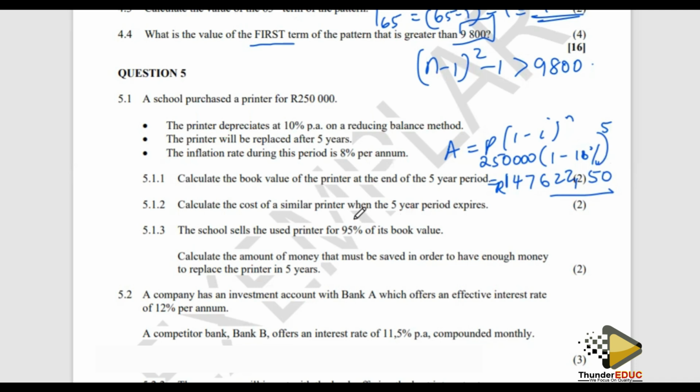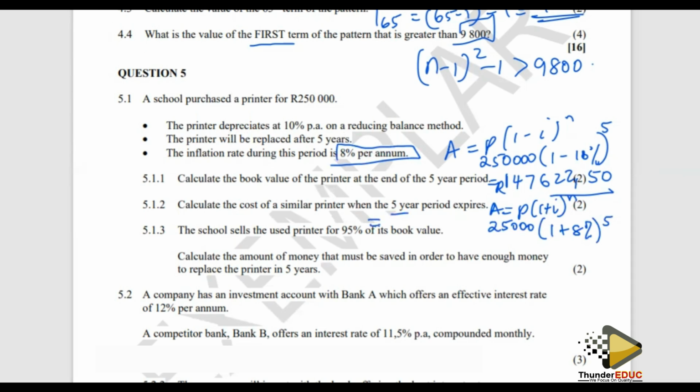Then calculate the cost of a similar printer when the 5-year period expires. Now, the same printer which is new is expected to appreciate because of the inflation. Inflation is growth. Okay, so we're just going to have A is equal to P into 1 plus i to the exponent of n. So 25,000 into 1 plus 8% to the exponent of 5.